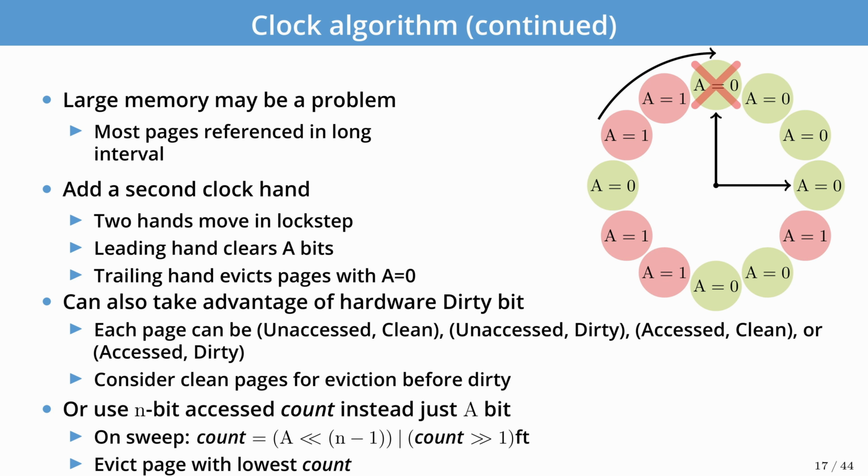Once it reaches a page that hasn't been accessed since the first hand cleared the access bit, it'll choose to evict that page. This allows us to effectively shorten the time it takes to scan because we're using the distance between the hands as our scanning interval.